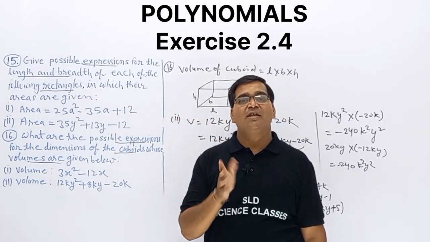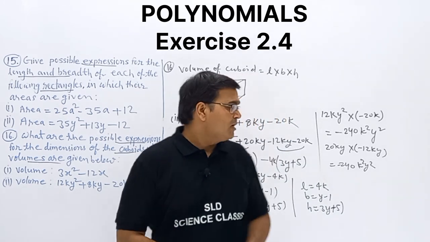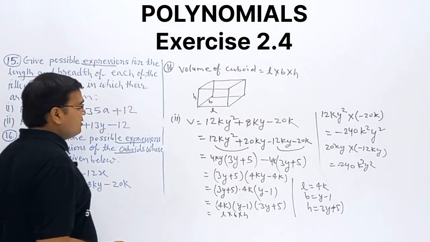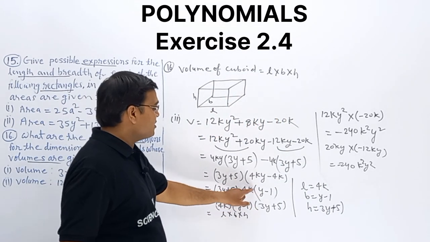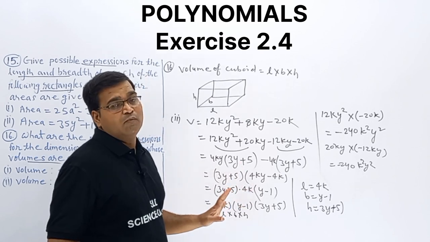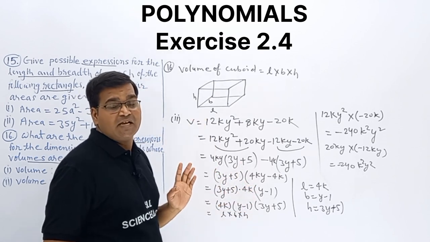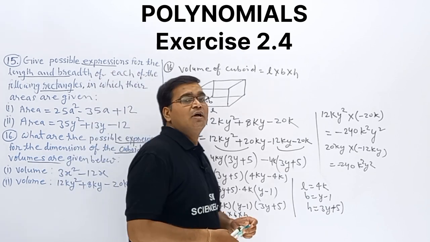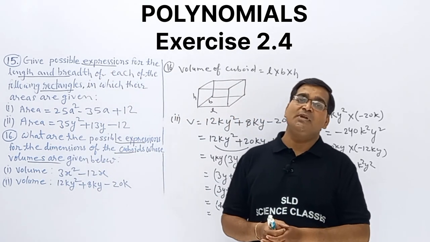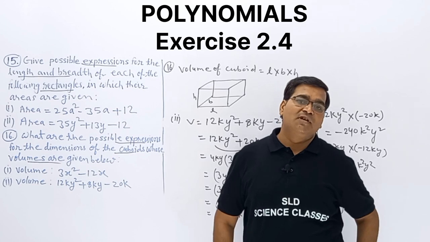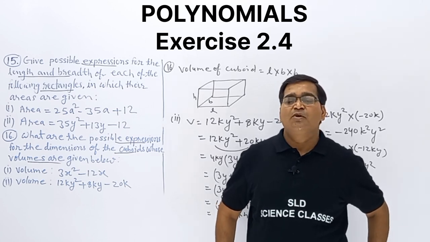We will adjust and we can find. Like this one, both are quadratic. We get two factors, but some constant is showing one dimension. Clear? So in this way we completed all the questions of polynomials.